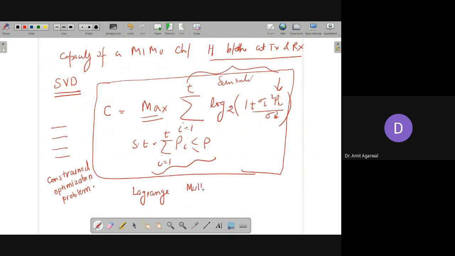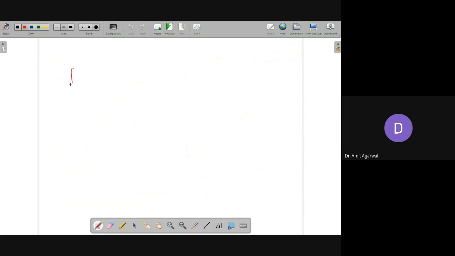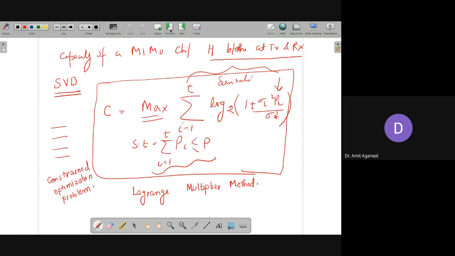The Lagrange multiplier method is used in order to solve such problems. So what is the objective function? If you solve an optimization problem, you always write the objective function. This is your maximization problem: you want to maximize this under this constraint.